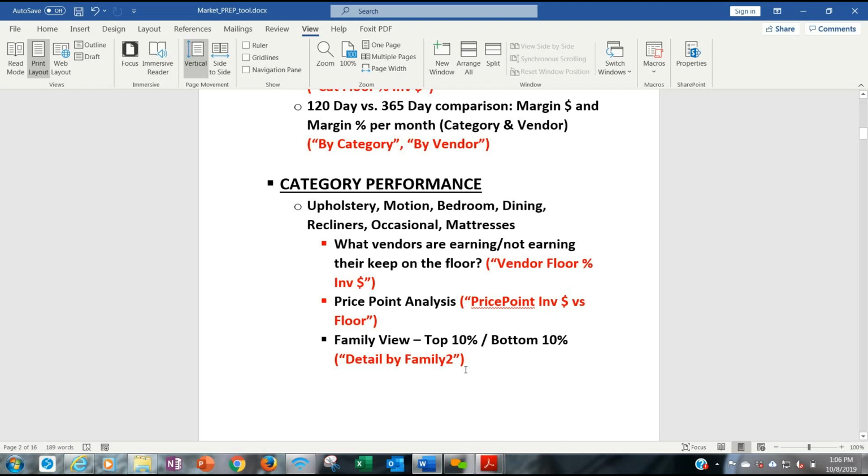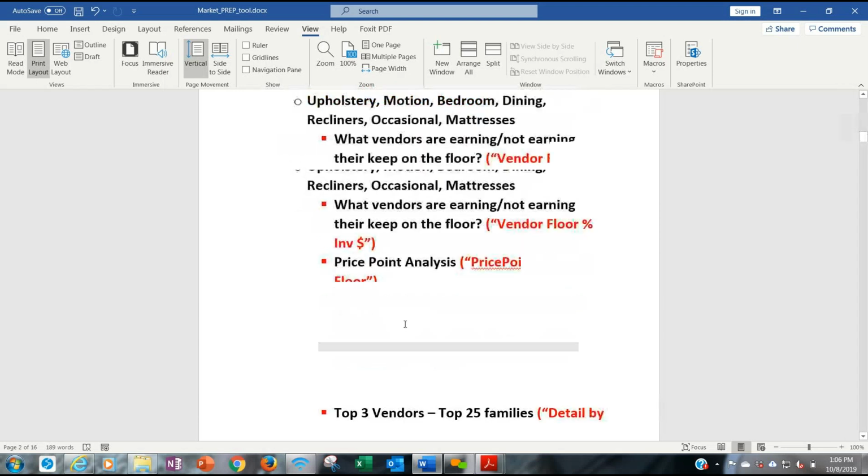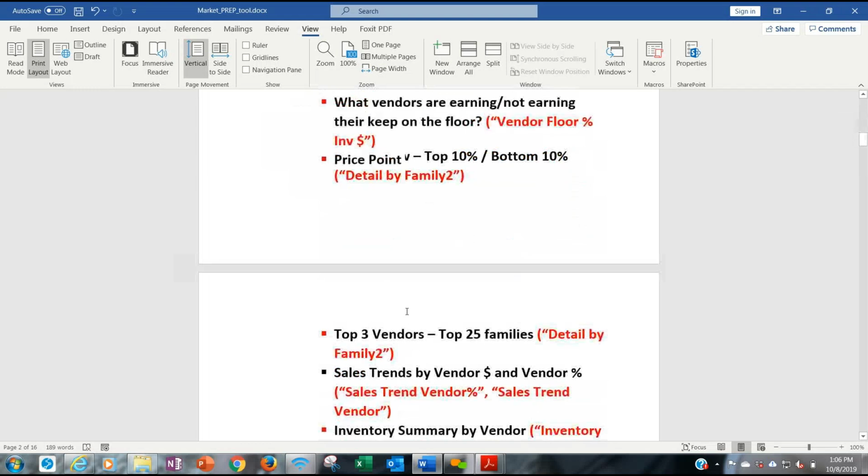I'll explain a little more how I do this, but I look at the top 10% of families as well as the bottom 10% of families. There I use the detail by family tab from the sales analysis tool. Okay, so that's for the category.